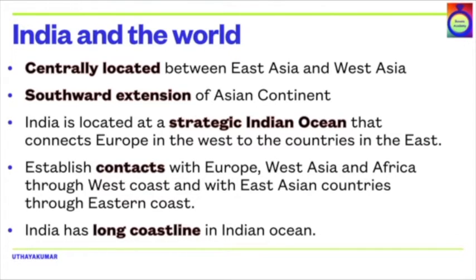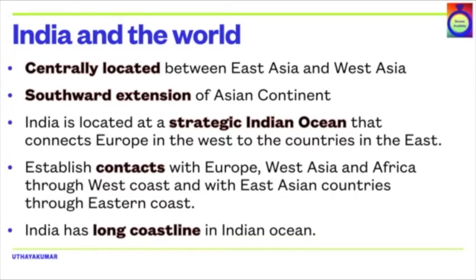India has established contacts with Europe, West Asia and Africa through the west coast, and with East Asian countries, Thailand, Singapore, Malaysia, Vietnam, through the east. China also we are able to contact through the eastern coast only.